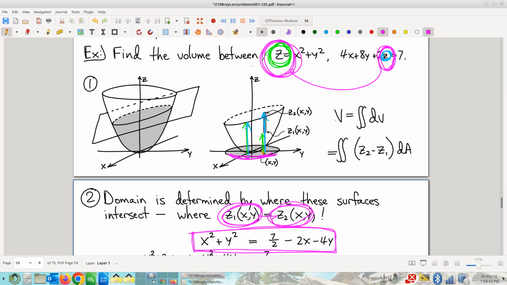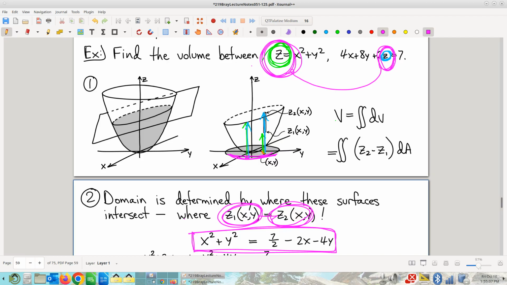And notice a little bit of algebra was necessary to make that make sense. I mean, the green z I've got a formula for, x squared plus y squared. Boom, there it is. This z, I don't immediately have a formula for it. Got to do a little bit of algebra, a little bit of legwork, right? And you solve for that z and you get this. Everybody happy?